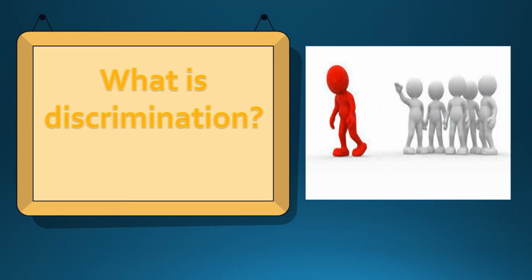Number 1. What is discrimination? Discrimination is the act of making unjustified distinctions between human beings based on the group, class, or other category to which they are perceived to belong. People may be discriminated against on the basis of race, gender, age, or sexual orientation.